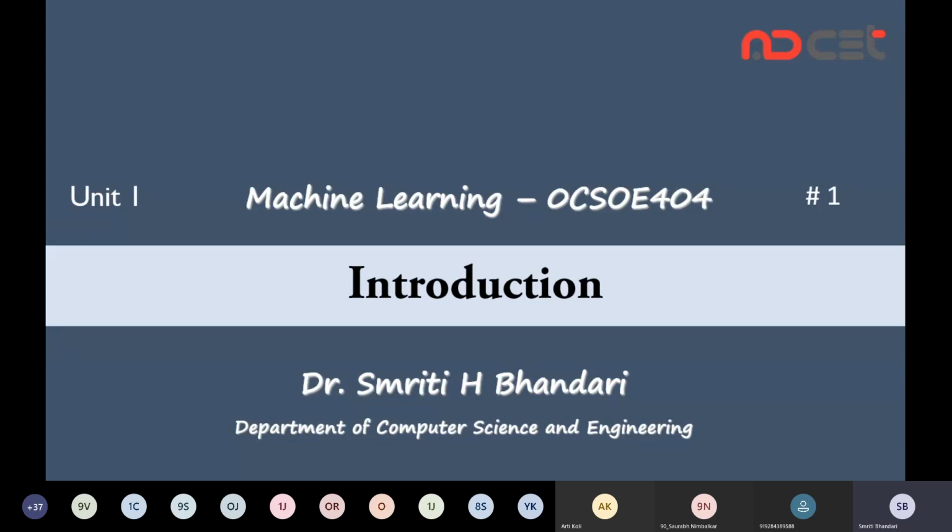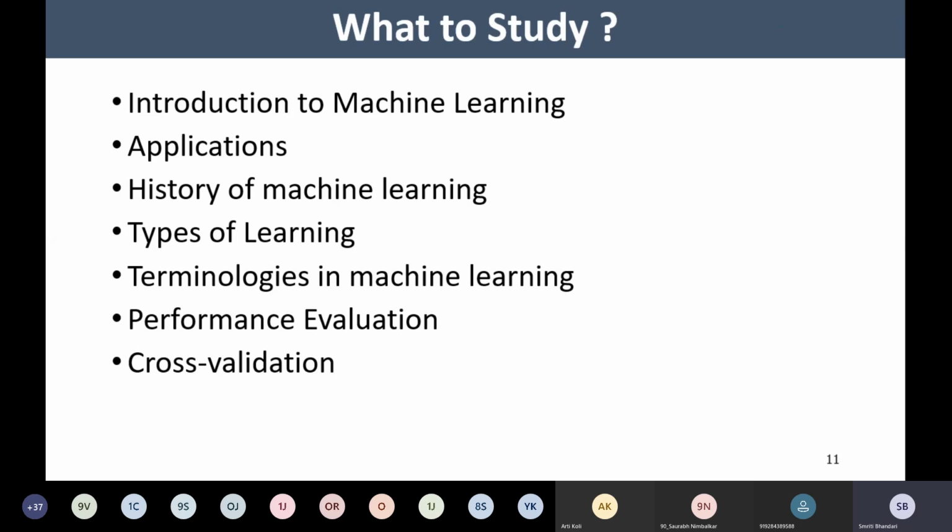So we have some idea about all those terms. Now what we are going to discuss in this unit, as I mentioned earlier, is we'll first introduce machine learning, then applications, history of machine learning, types of learning, terminologies, performance evaluation, and cross-validation.